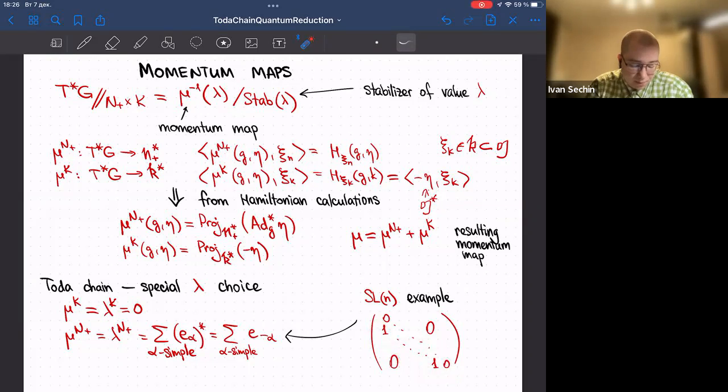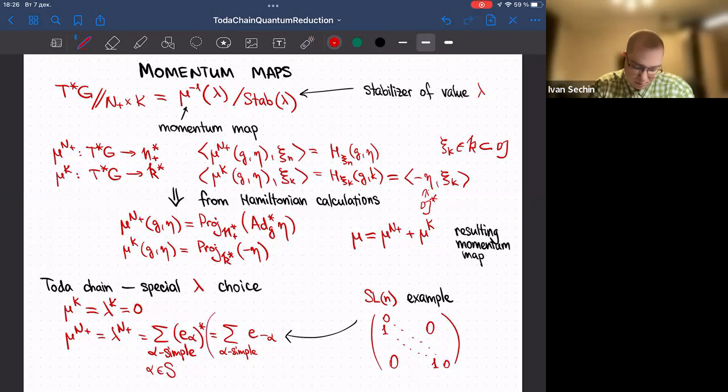And in this Lie algebraic notation, we just choose the sum over all simple roots and take dual elements.